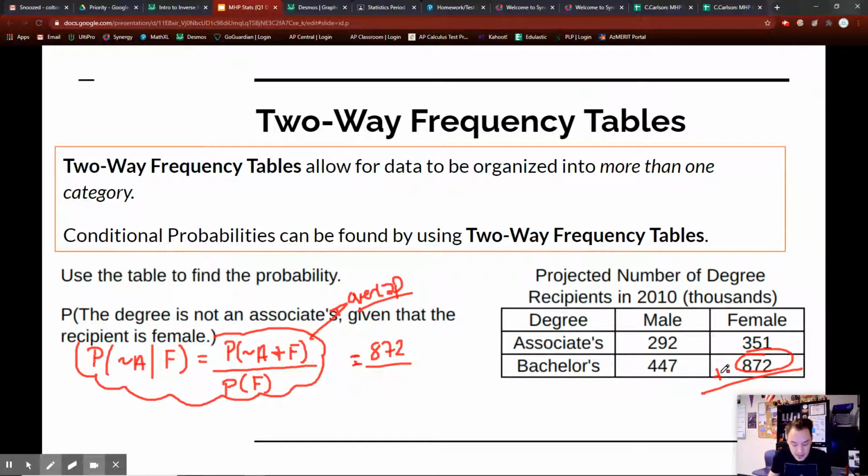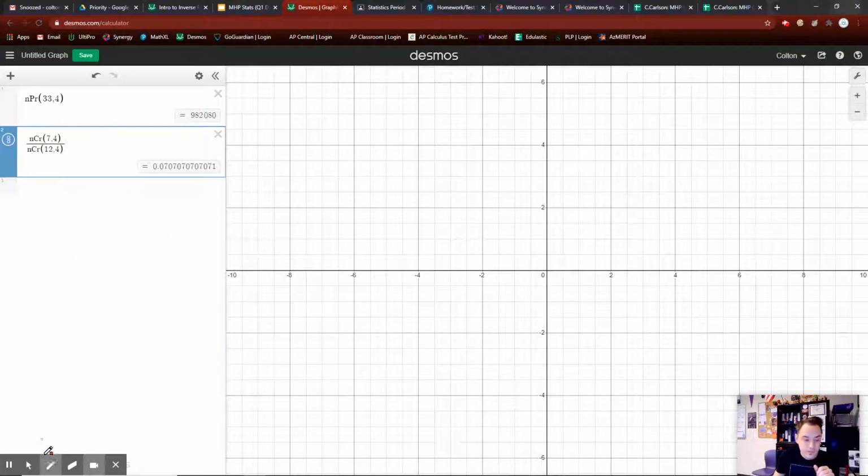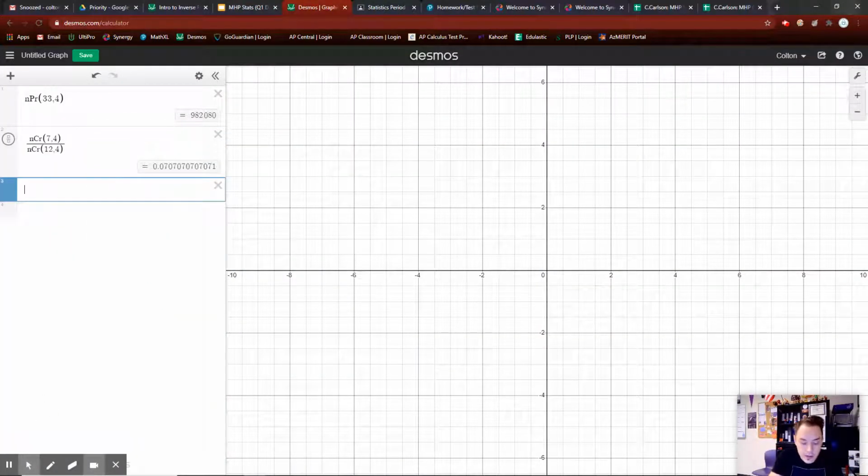So we take 872 plus 351, and we get 1,223. And so the total female, 1,223. Now, of course, we may be able to simplify that, so we're going to put in decimals. So 872 divided by 1,223.